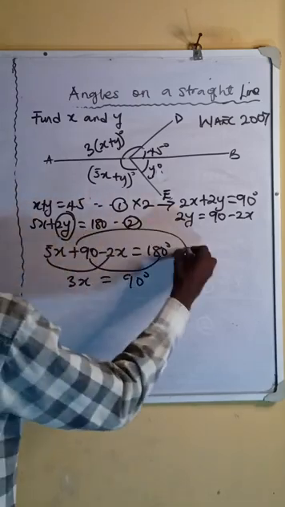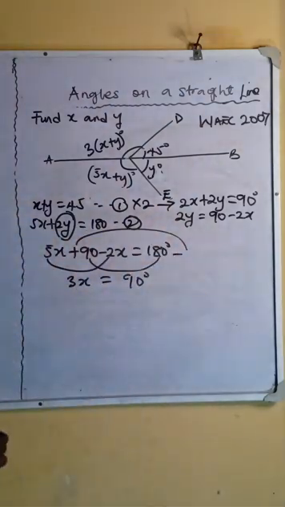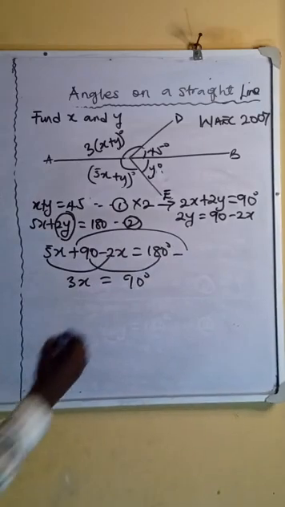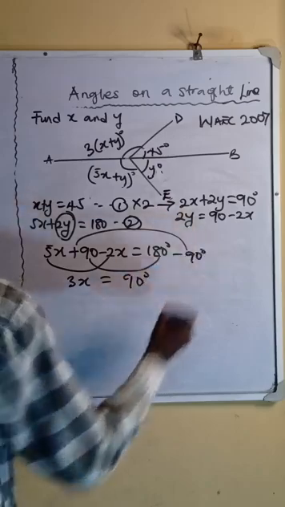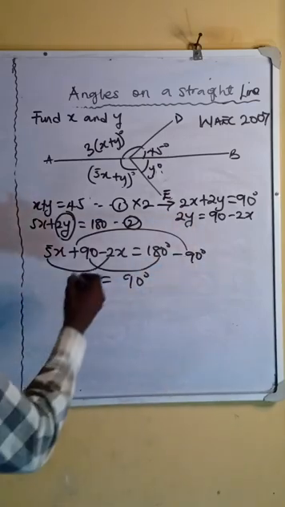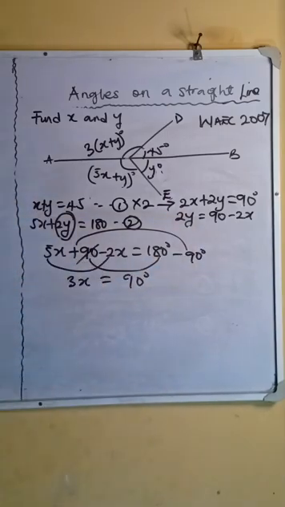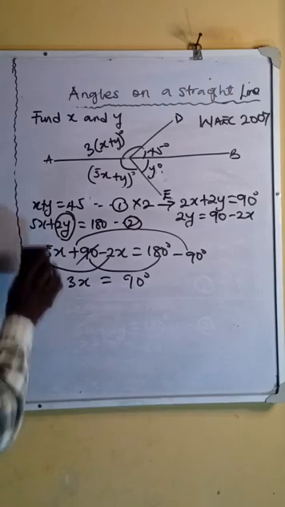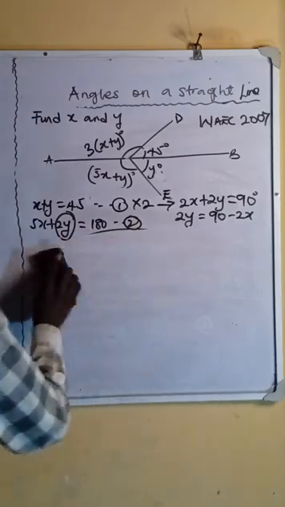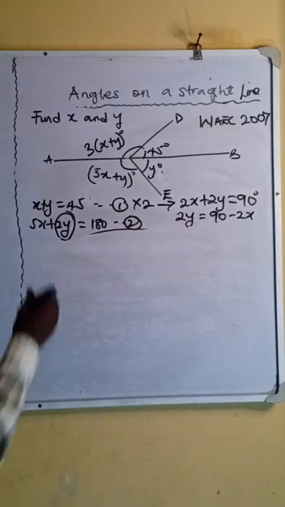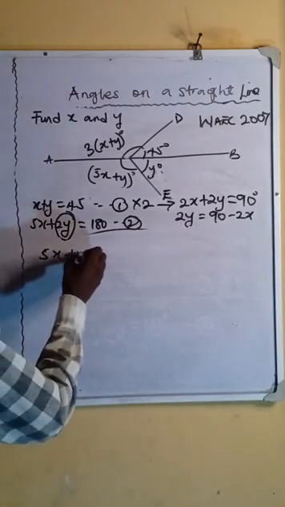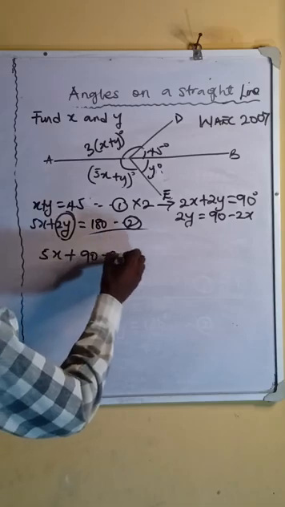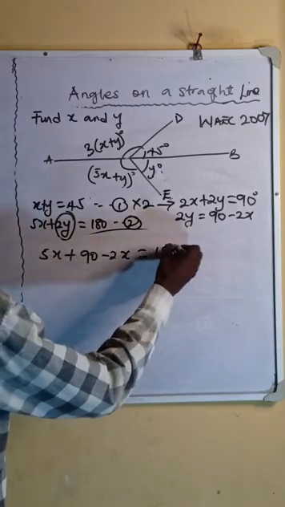So you have 5x plus 90 minus 2x equals 180.